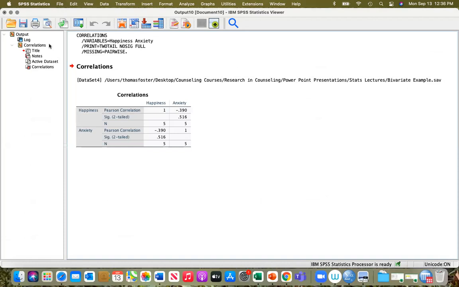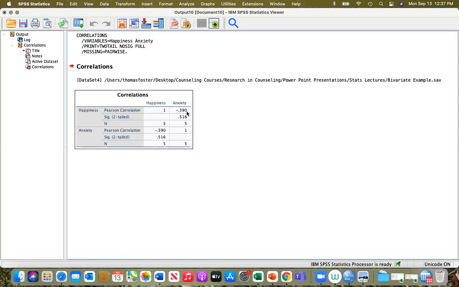Okay, and hopefully you can see this screen this time around. So the correlation table is pretty small, but really what we're looking at is 2 tables within one table that tells us the same thing. If we look at happiness, for the Pearson correlation, happiness perfectly correlates to happiness at 1, but it also relates to anxiety in the same number that we found, which was negative 0.39.